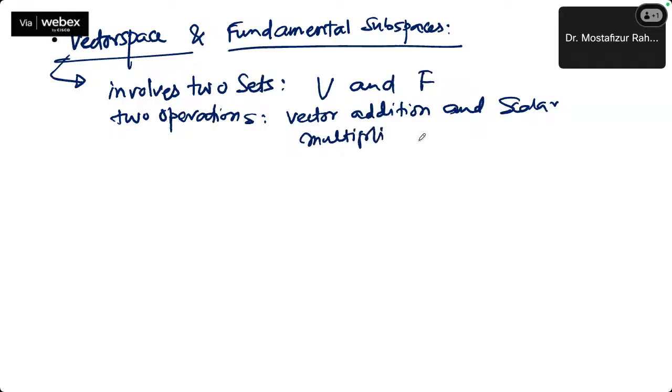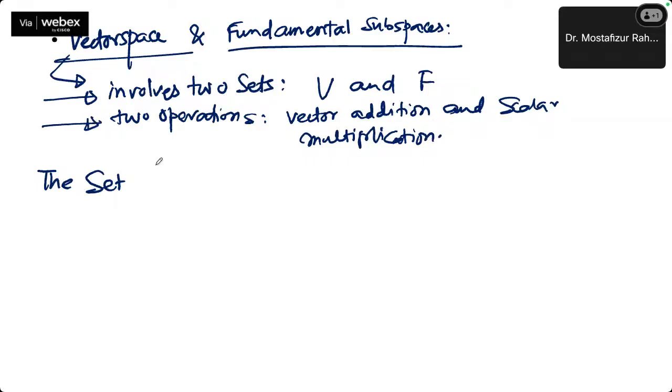All the questions regarding eigenvalues and singular values I'll cover tomorrow. So there are only two things, two sets, V and F, and two operations, addition and multiplication.